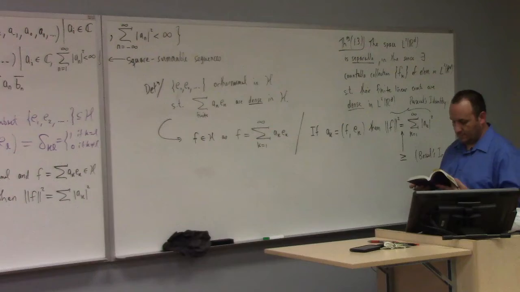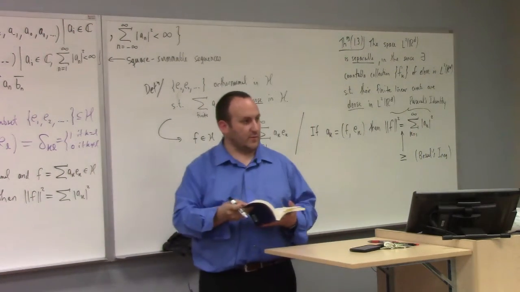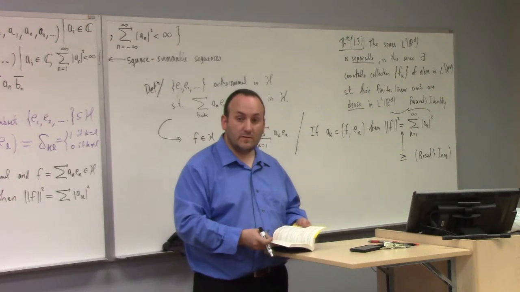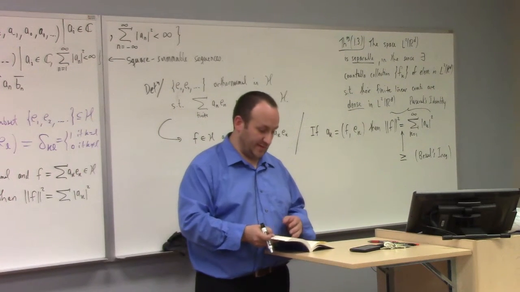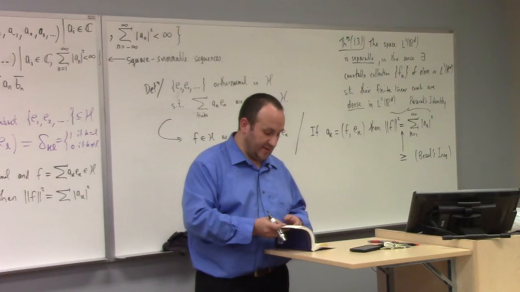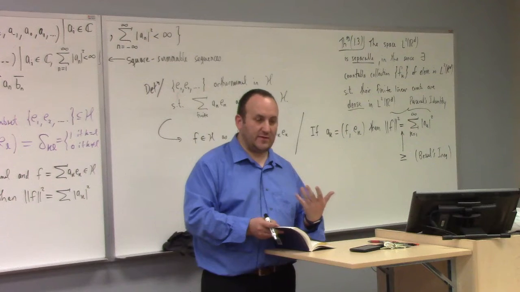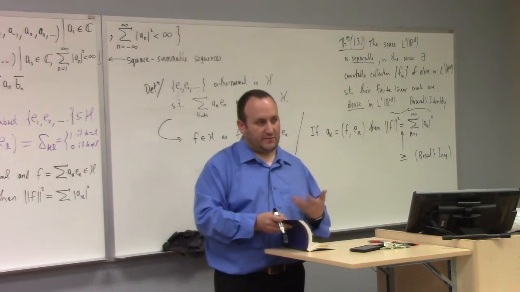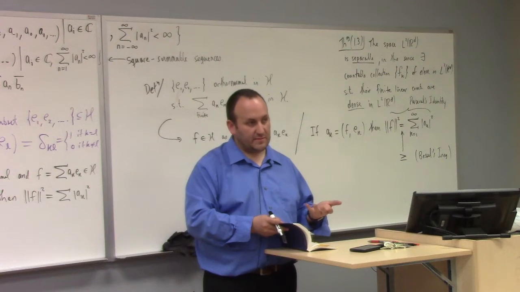All right. And then theorem 2.4 says any Hilbert space has an orthonormal basis. Whoa. That's really nice, right? Any Hilbert space has an orthonormal basis. And then he goes on to define what it means for a mapping to be unitary, which is the natural generalization of the notion of unitary map that I define in linear algebra.